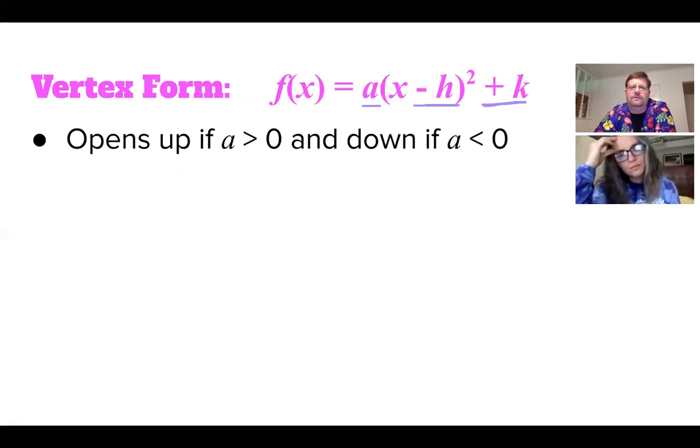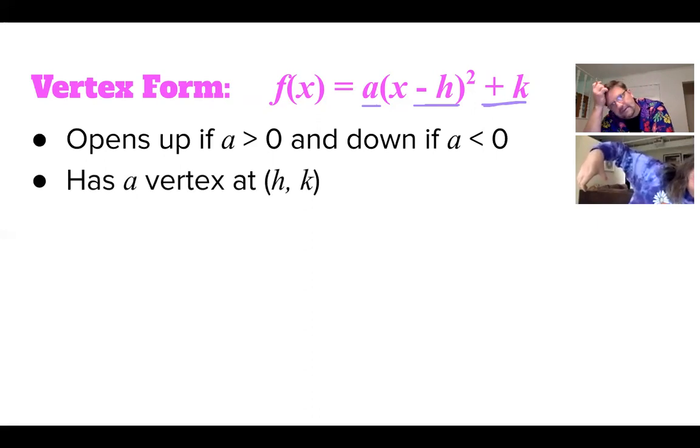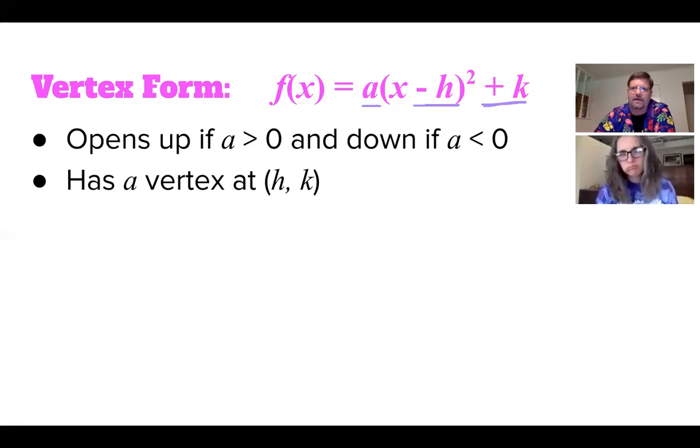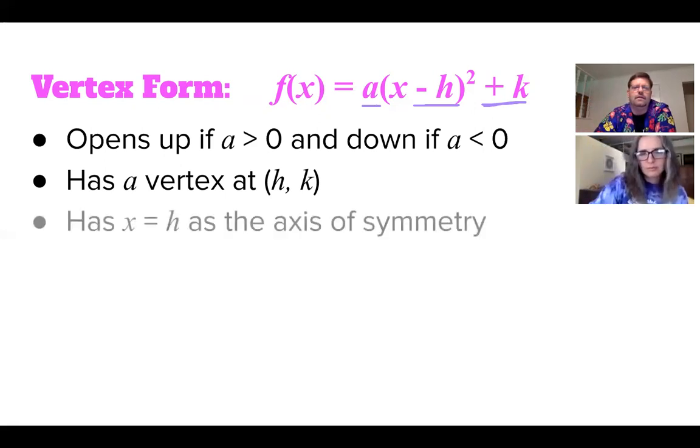If that leading coefficient, that a value, is positive, or greater than 0, the graph opens upwards. If it's negative, or less than 0, it opens down. The vertex is at (h, k). The axis of symmetry is a vertical line, and remember, vertical lines have the equation x equals.